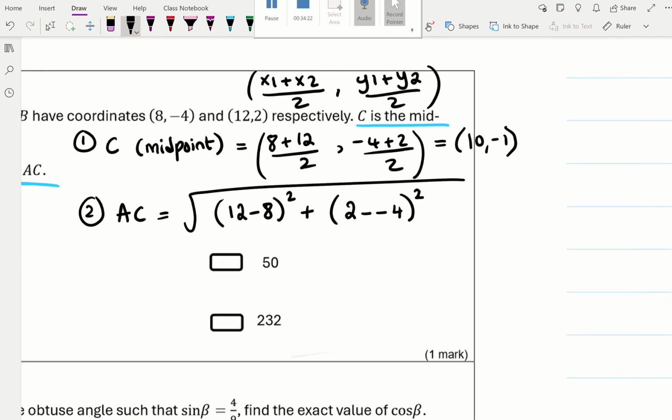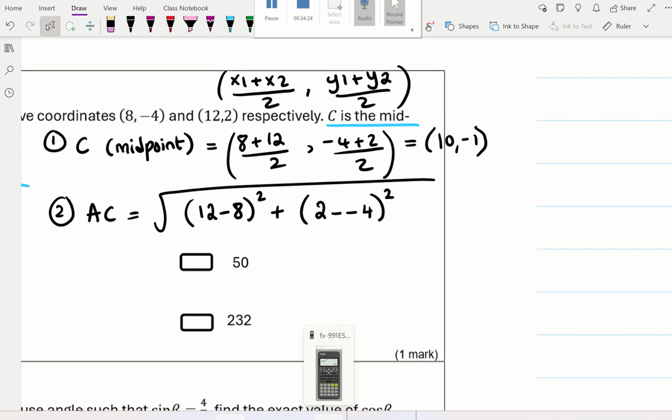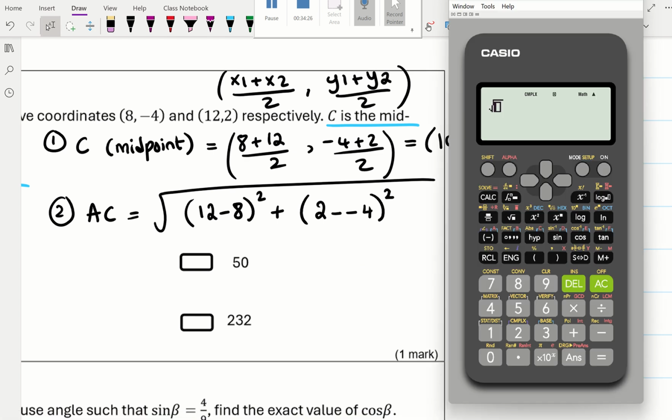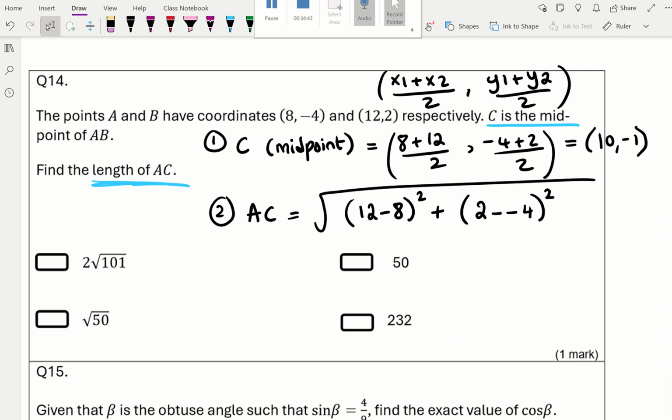And you're going to put that into your calculator. So I've got root, 12 minus 8 squared plus 2 minus 4 squared. And that gives me 2 root 13, which is not here, so I'm going to change that. 2 root 13.